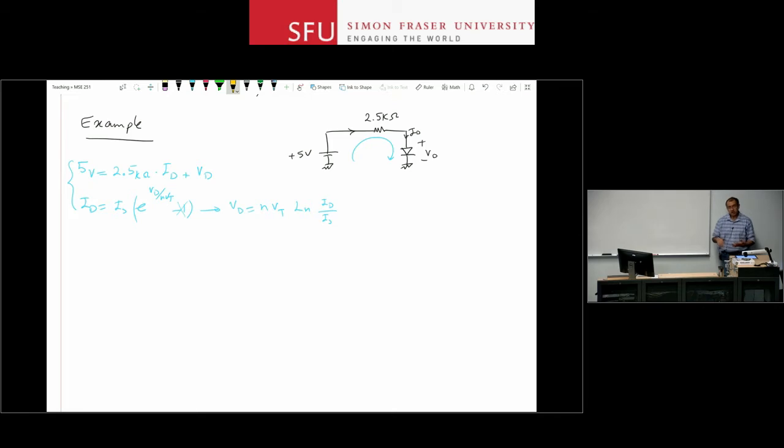If you're sitting behind your calculator and you want to figure out what the value of the voltage and current are going to be, there are graphical methods that people used in the past, but now with calculators that can calculate equations or formulas for you relatively quickly, things are easier. So what we do here is that we guess.